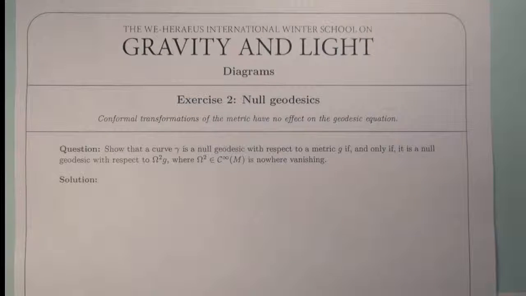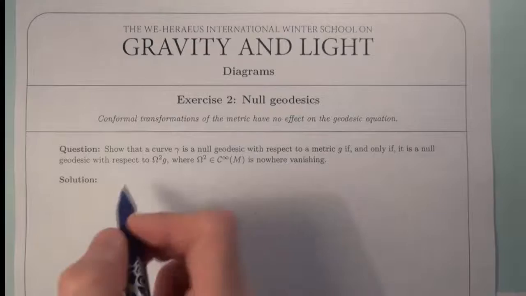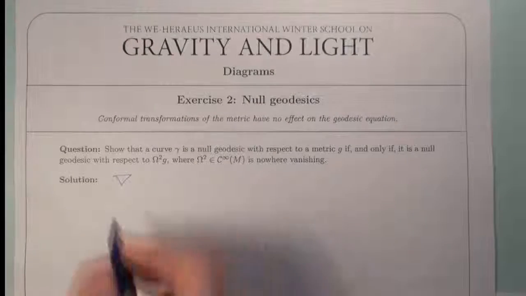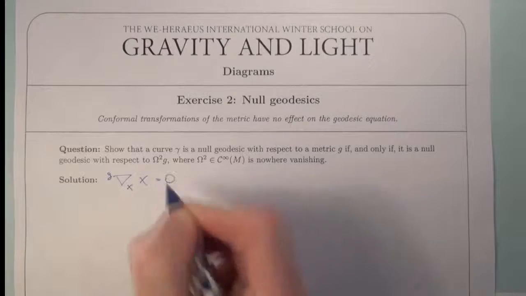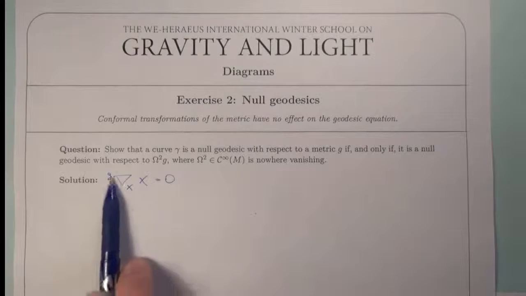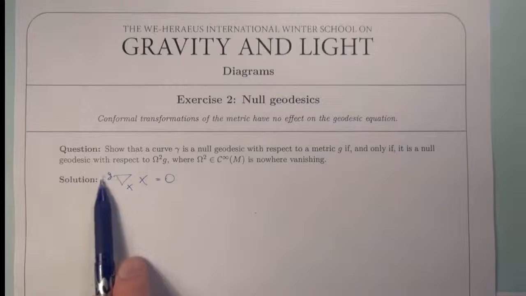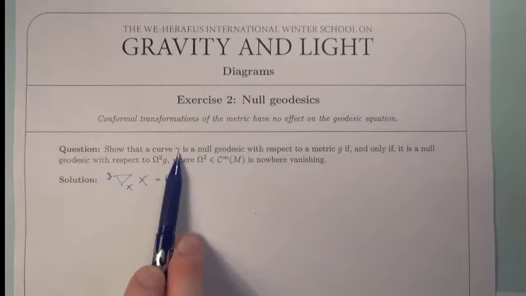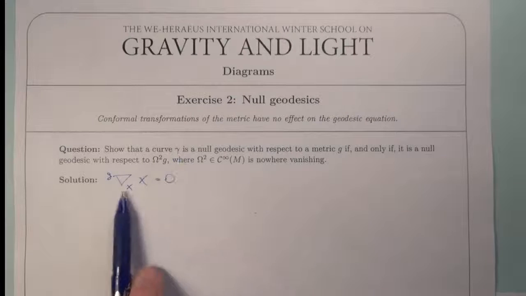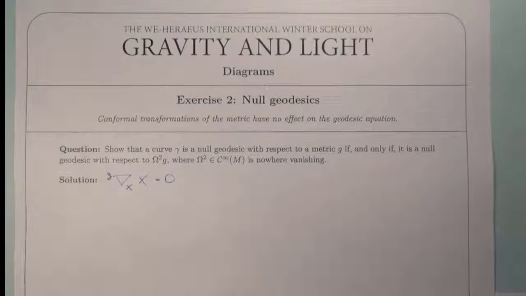Okay, so what we need to check is, if we, for example, start here, what does that mean? We have a connection with respect to the metric g, and X is now the tangent vector to the curve gamma, then gamma is a null geodesic.